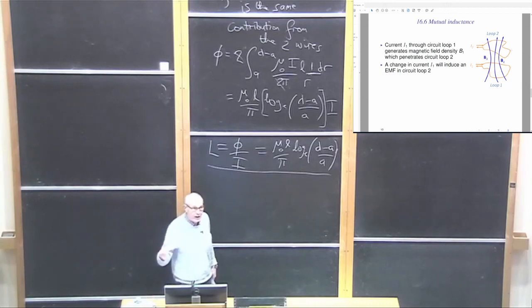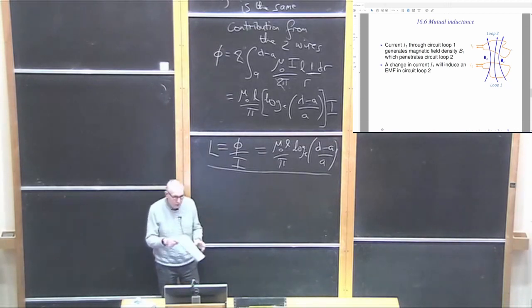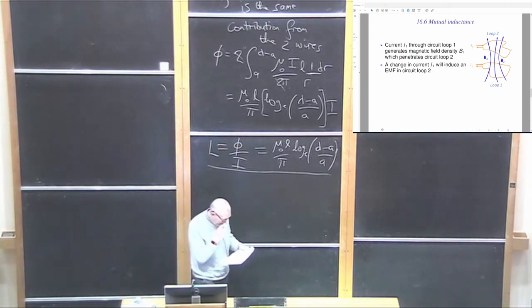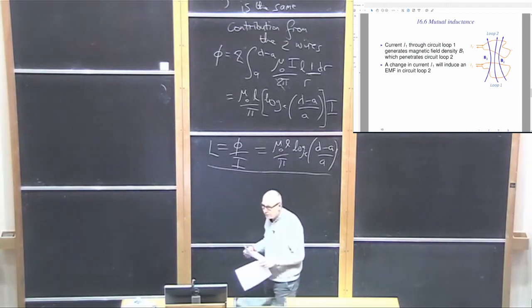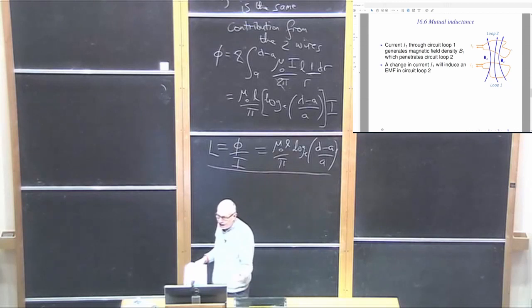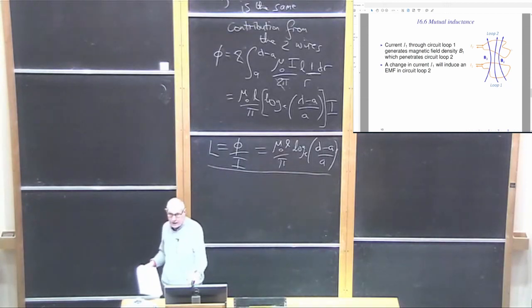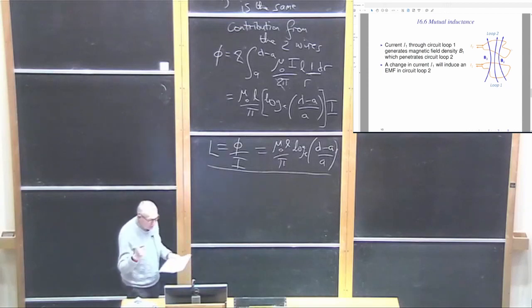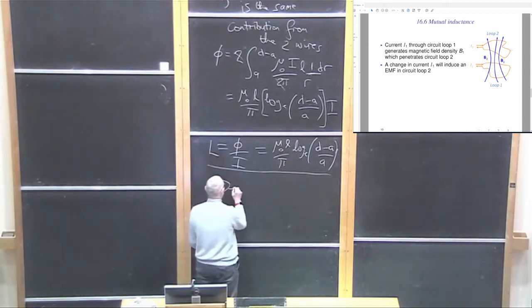And therefore will induce a voltage in the second loop, loop 2. I mean, as an aside, we also generate a self-inductance in the first loop, but I'm just considering now mutual inductance.